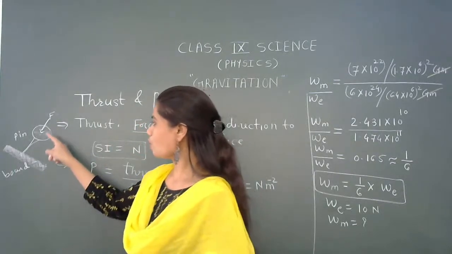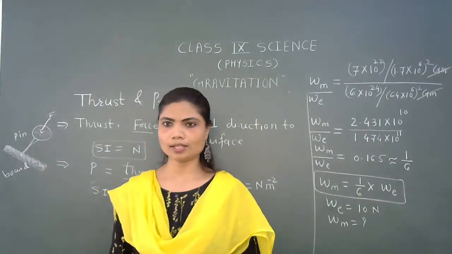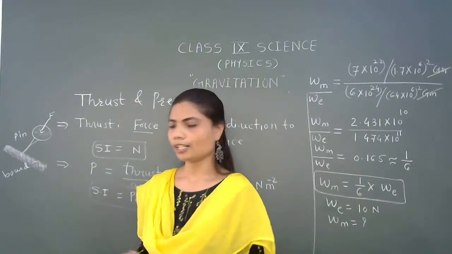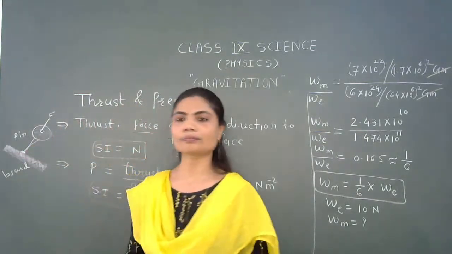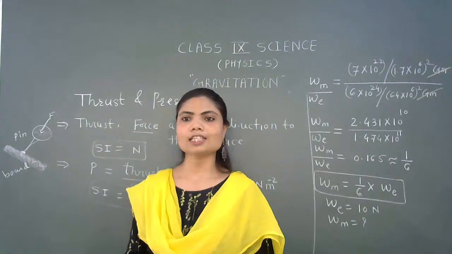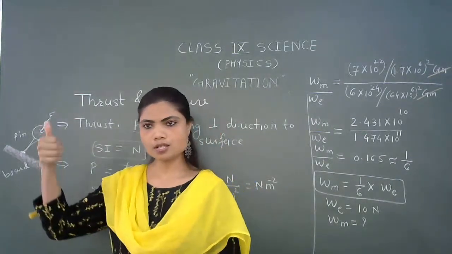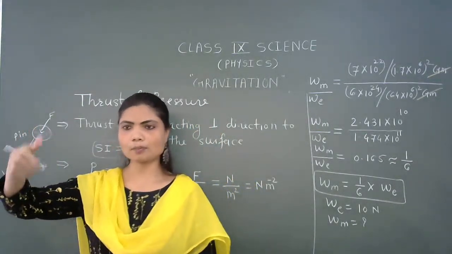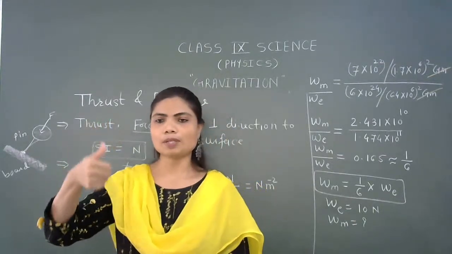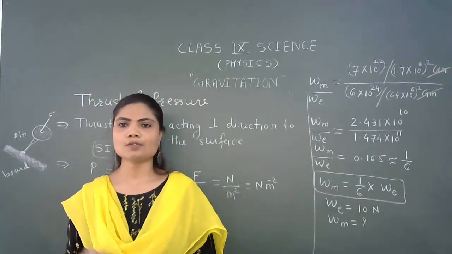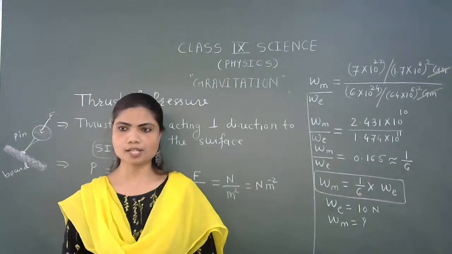So this force applied in the perpendicular direction is thrust, and the thrust acting per unit area is pressure. Means you are applying force with the thumb, but that per unit area will create a pressure on the board, and that paper will be pasted with the help of the pin on the notice board.